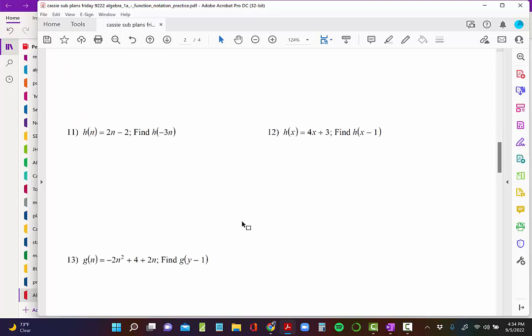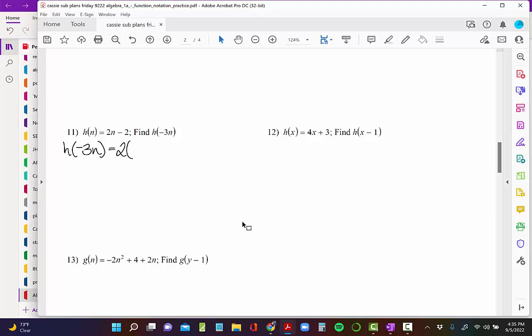I'm going to go over 11 and 12, and then you can try 13 on your own. So let's look at 11. We've got h of negative 3n equals 2 times, now we put in, this is a little confusing because they're using the same variable here.